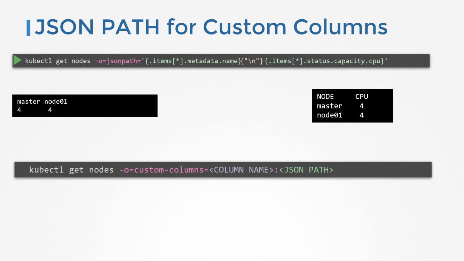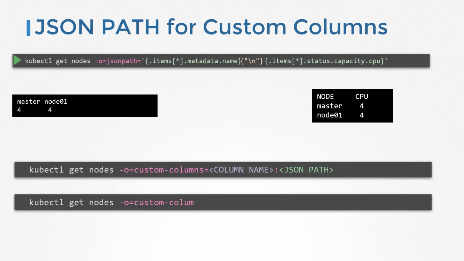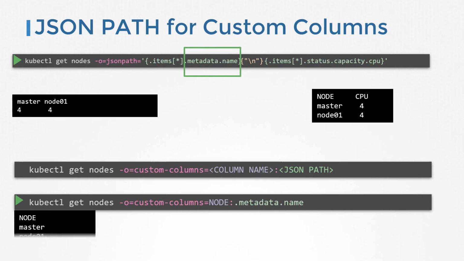The custom columns option takes a set of column name and JSON path options. For example, for the first column, the column name is NODE. The JSON path corresponding to the node name is .metadata.name. Note that you must exclude the items section of the query as the custom columns assumes the query is for each item in the list.